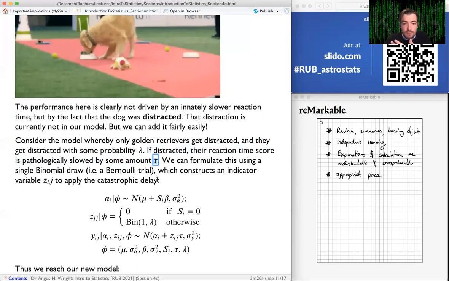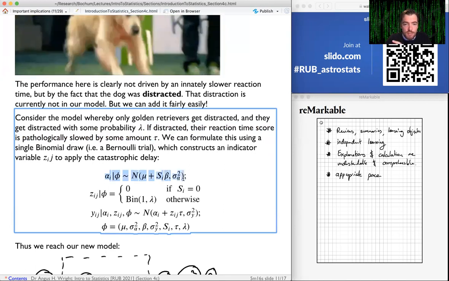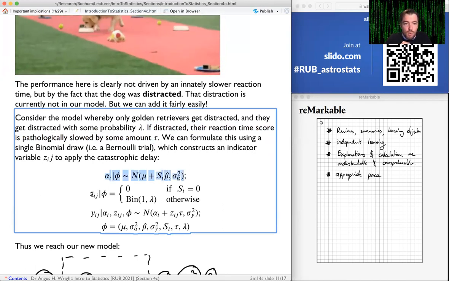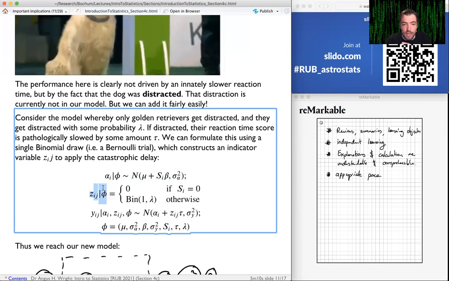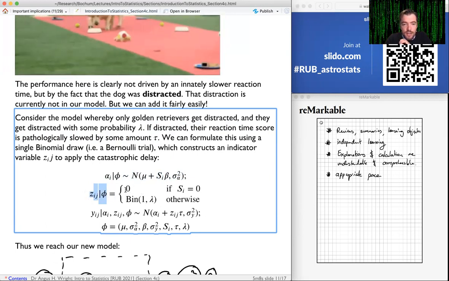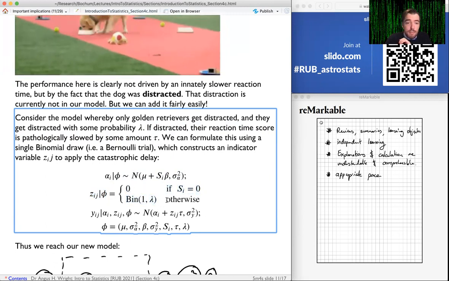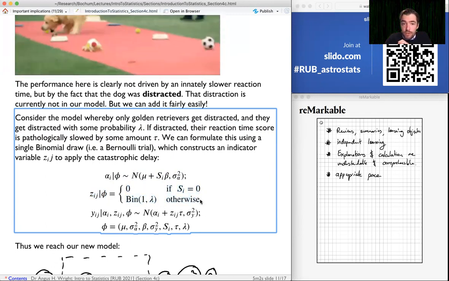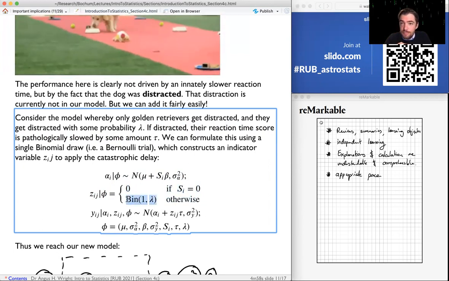So our model becomes more complex, where this is the same as last slide. We now have this indicator variable here that says, if you're a border collie, you never get distracted. But if you're a golden retriever, you get distracted with some probability lambda.